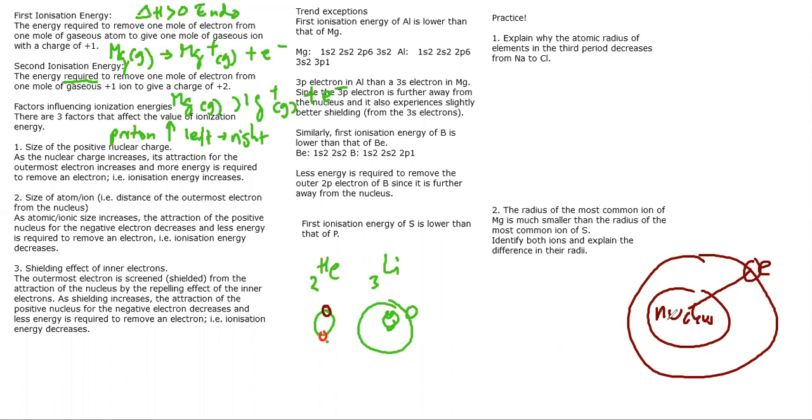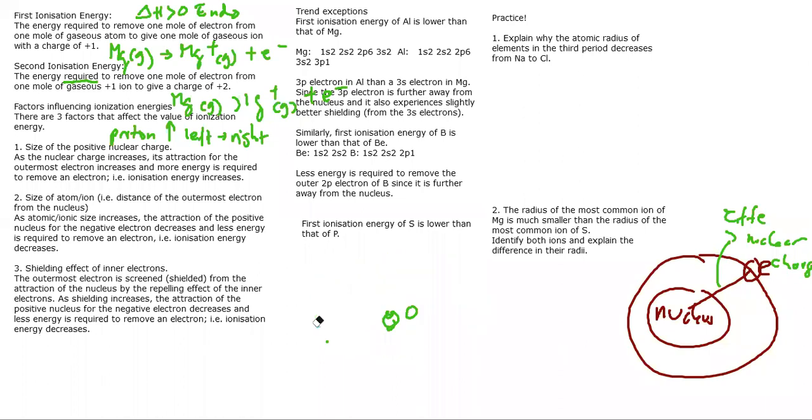We call this the effective nuclear charge. If the effective nuclear charge increases, it needs more energy to break these attractions. So it will give you higher ionization energy.